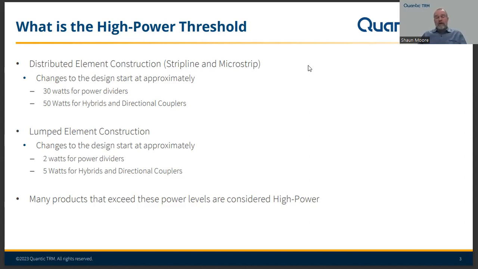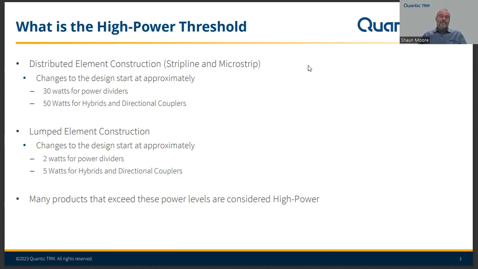Once you exceed a certain amount of energy, the bead just overheats, and for a small bead, it doesn't take a whole lot of energy to do that. So the bottom line is, if you have devices along these lines with a higher power requirement, then you have to start thinking about them differently, and therefore they fall into the high power category.